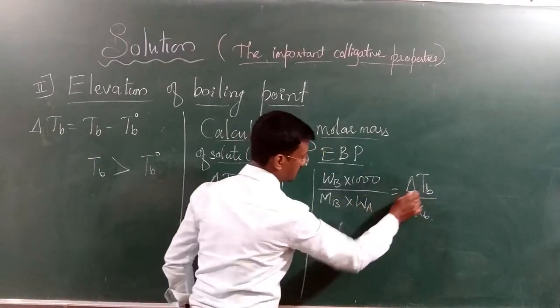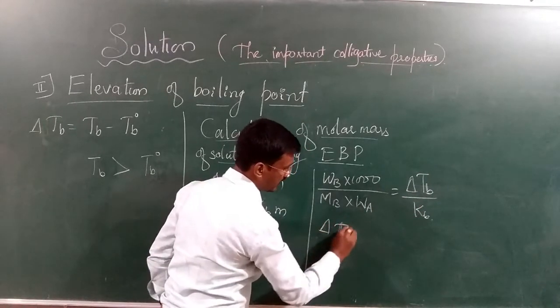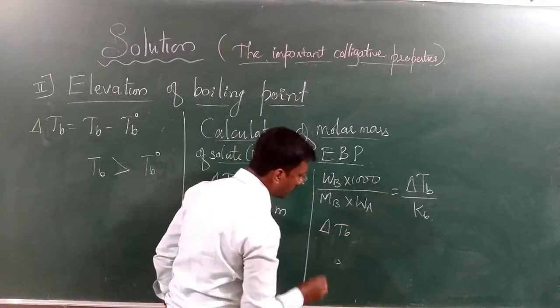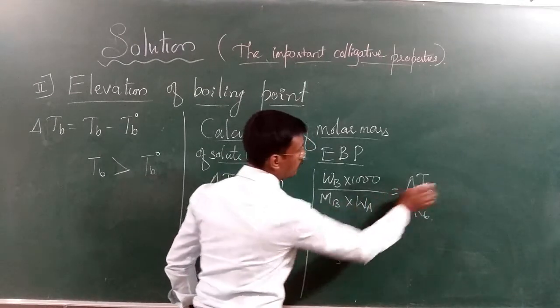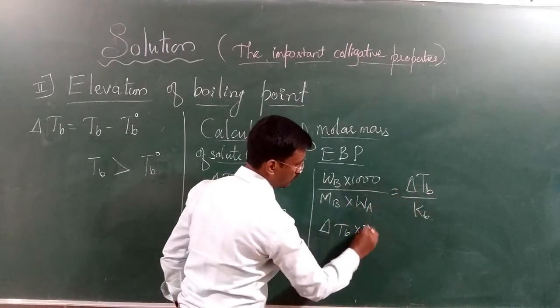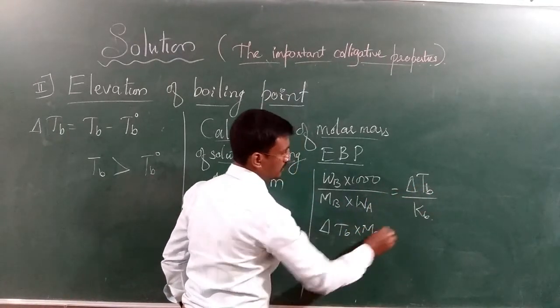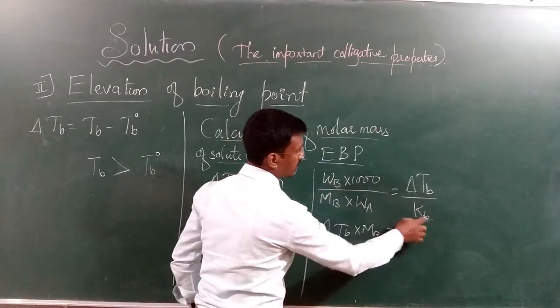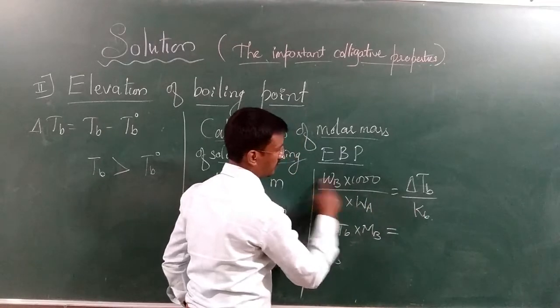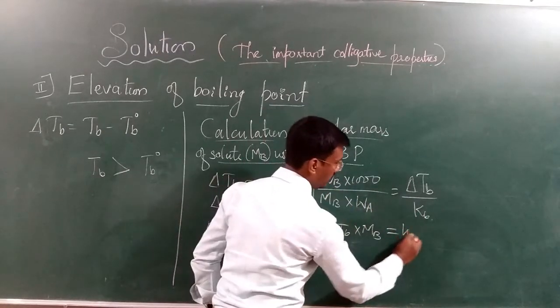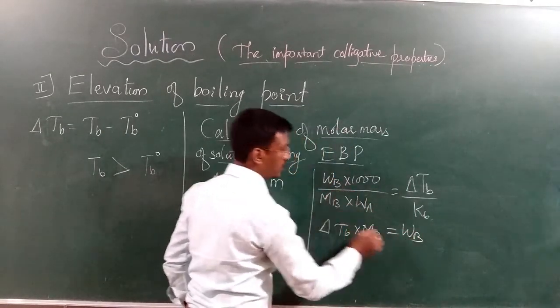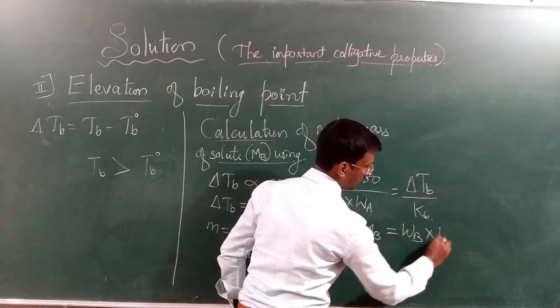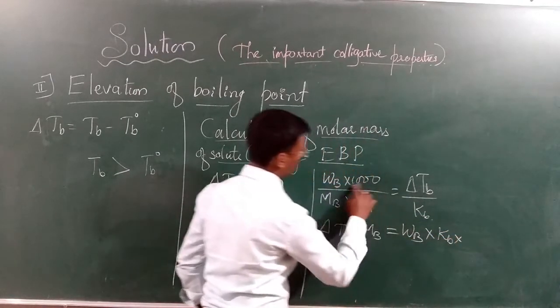What typically happens? Delta TB into MB is equal to, you just put this Kb to the left side. Therefore, WB as it is into Kb into 1000.